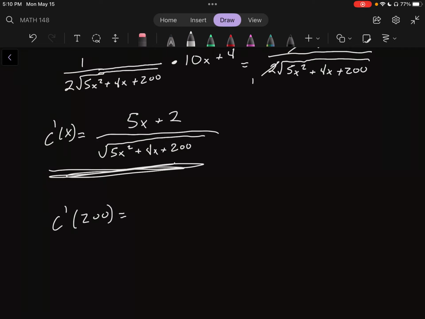That gives us approximately 2.23, but this is in hundreds of dollars, so we can multiply by 100 to equal approximately $223.